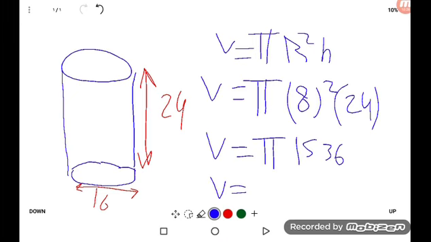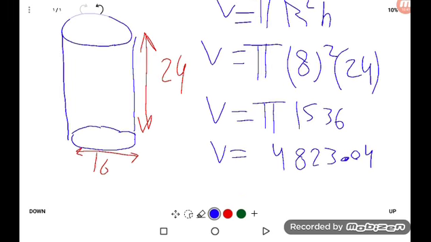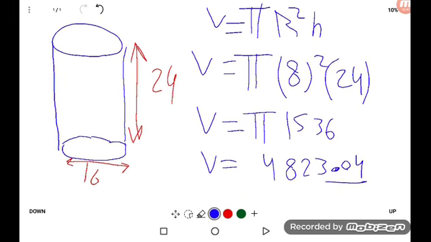Now volume is equal 1536 times 3.14 is equal 4823.04. Now we need to divide the answer by 134.